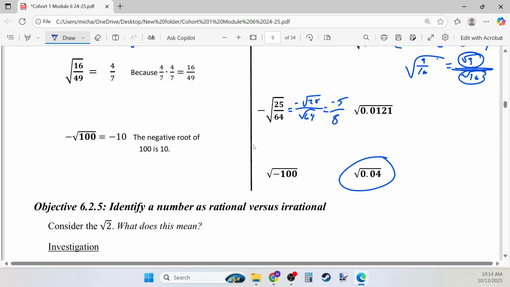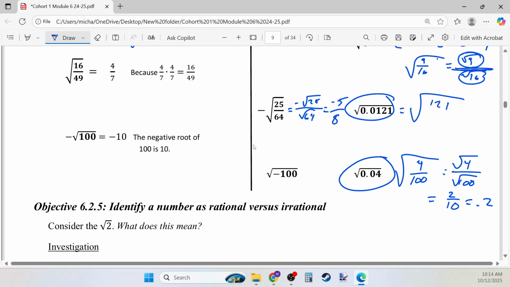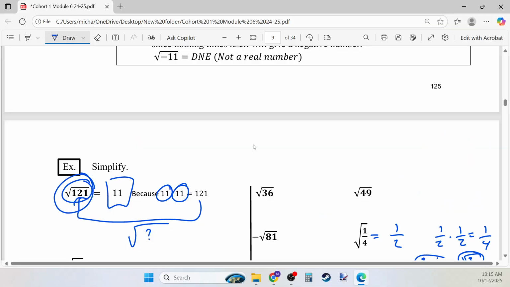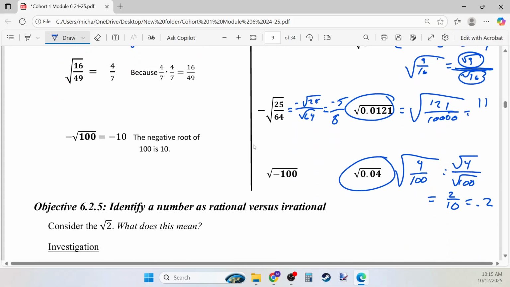This one here might be easier to see if these two decimals are written as fractions. So this is the square root of 4/100ths, same as the square root of 4 over the square root of 100, which is 2 over 10, which we can rewrite as 0.2. That's fine. This one is the square root of 121 over 10,000, which from earlier, we know the square root of 121 is 11. And we have to say, well, what's the square root of 10,000?